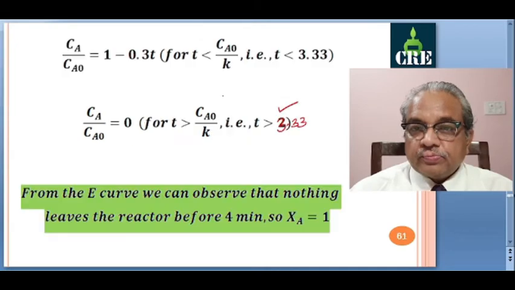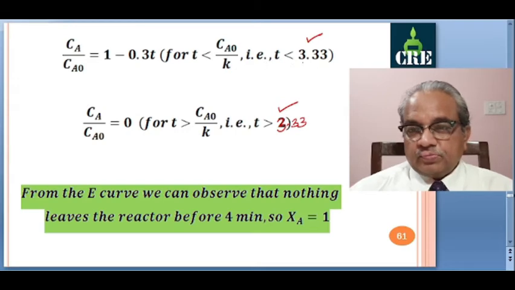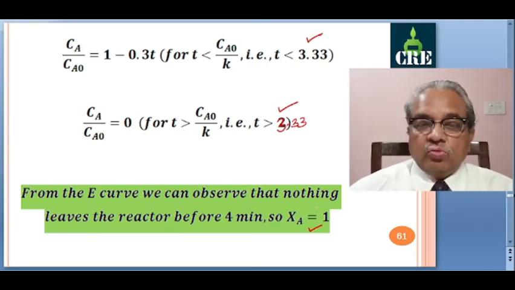And for this zero order reaction, in time t less than 3.33 minutes you will get some distribution, and at this value complete conversion. So Xa is equal to 1.